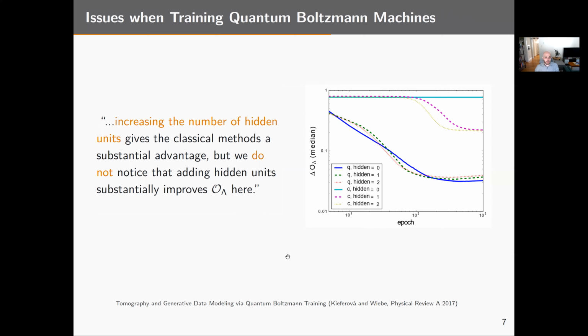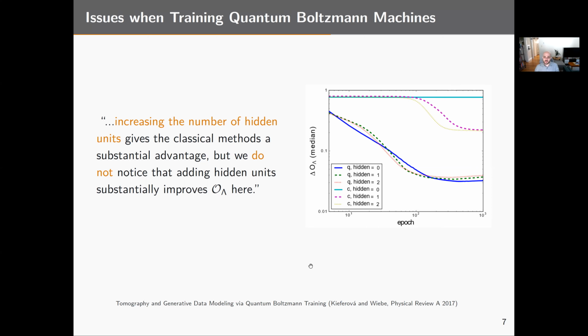Another result by Maria and Nathan is that they noticed that for quantum Boltzmann machines, increasing the number of hidden units wasn't really helping when they were trying to learn certain tasks for various quantum Boltzmann machine models.